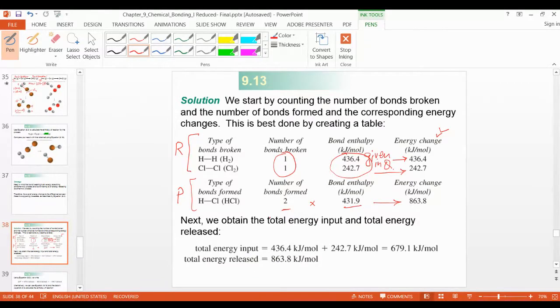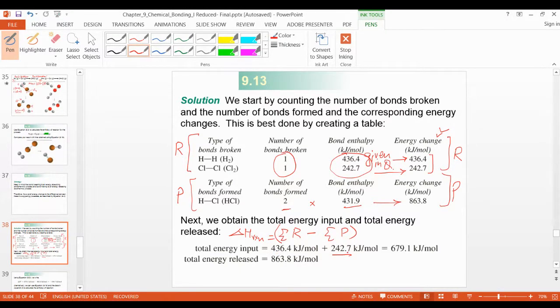What is the formula? Again, I will write here delta H of the reaction: the summation of the total of the reactants minus the summation of the total of the products. These are the reactant values, summation of all, and this is the product value. So now sum this 436 plus 242, these 2 values.